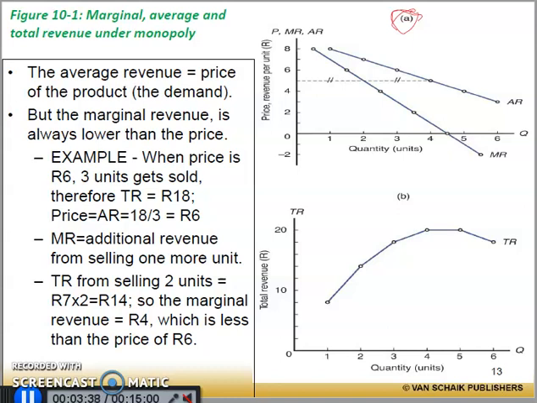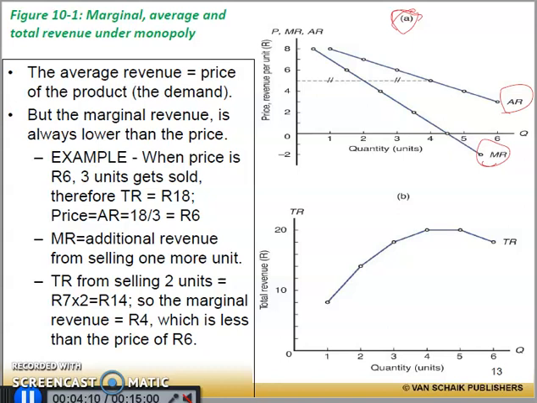So the value of marginal revenue is plotted between the two units concerned rather than against one unit. Our figure A clearly shows that marginal revenue is lower than average revenue at all levels of output. This is an important result which always holds when average revenue is downward sloping.